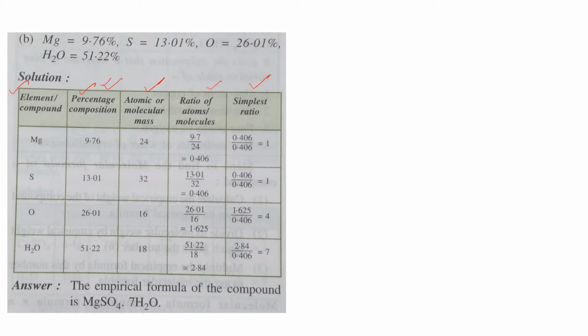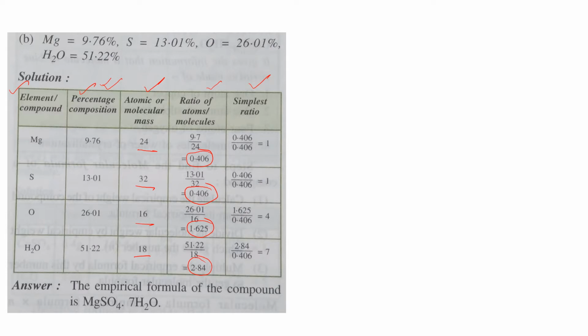As you know that the atomic mass of magnesium is 24, sulfur is 32, oxygen is 16 and water is 18. Then find out the ratio of atoms or molecules by dividing the percentage composition with atomic or molecular mass. After dividing, I am getting for magnesium 0.406, sulfur is also 0.406, oxygen is 1.625 and H2O is 2.84.